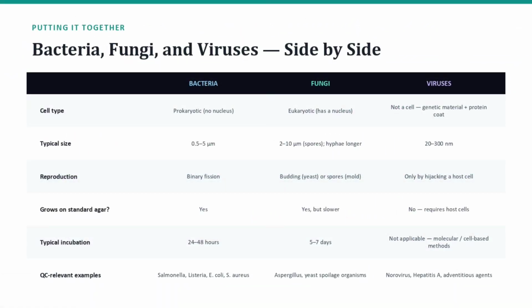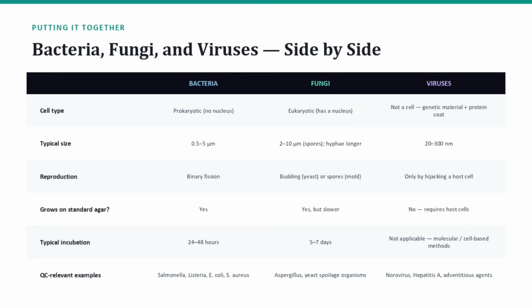Let's pull everything from today together into one table, because I want you to be able to compare all three organism types directly. Cell type: bacteria are prokaryotic, no nucleus. Fungi are eukaryotic, they do have a nucleus. Viruses are not a cell at all, just genetic material and a protein coat. Typical size: bacteria run half a micron to 5 microns.